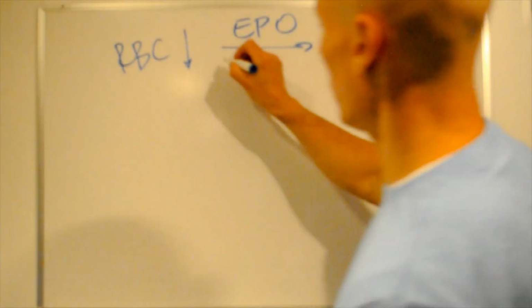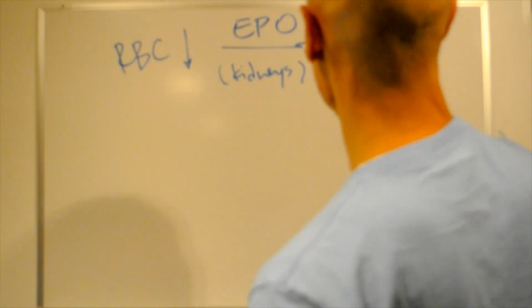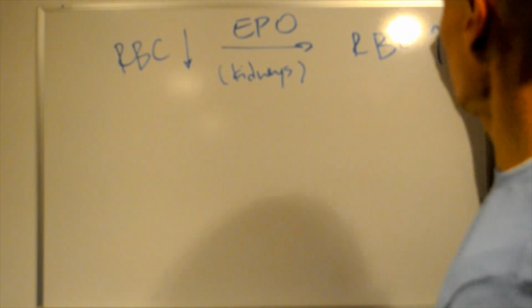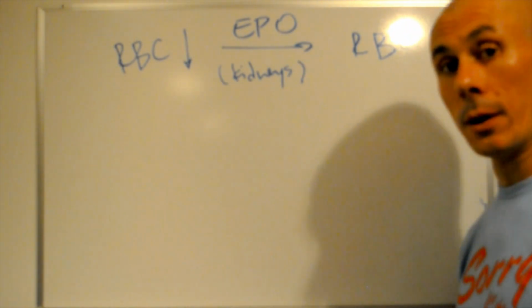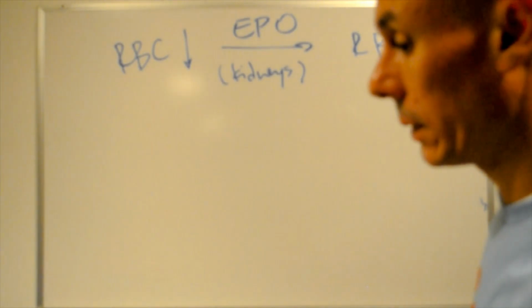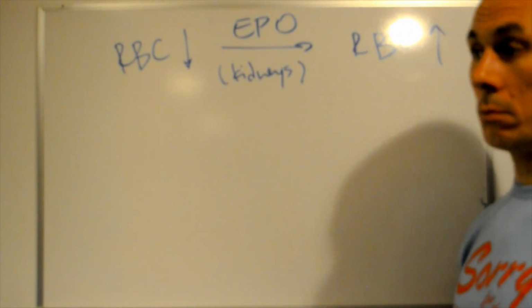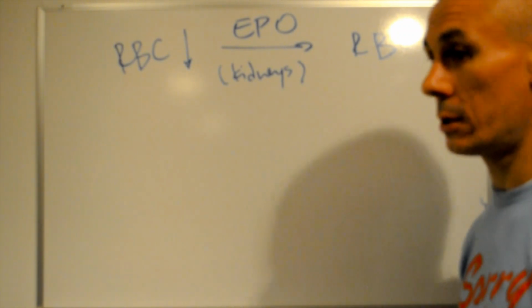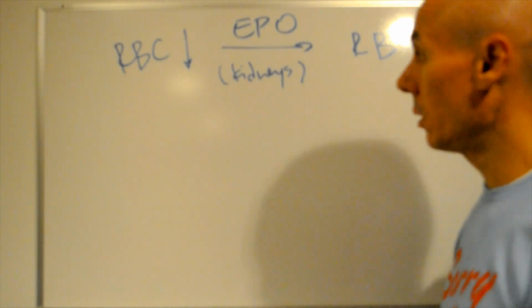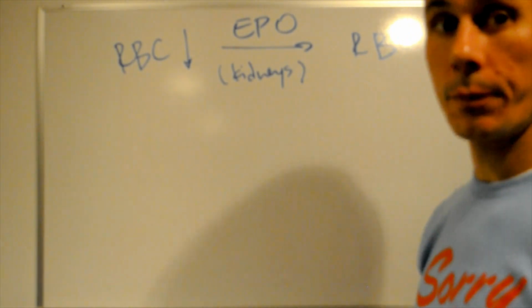So when the number of red blood cells goes down, that leads to the release of erythropoietin from the kidneys, and that stimulates production of red blood cells from the bone marrow. What's important to understand, red blood cells do not have nucleus. They do not have mitochondria, so they do not use oxygen in the cellular respiration.